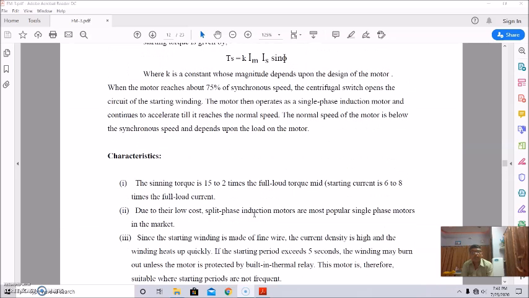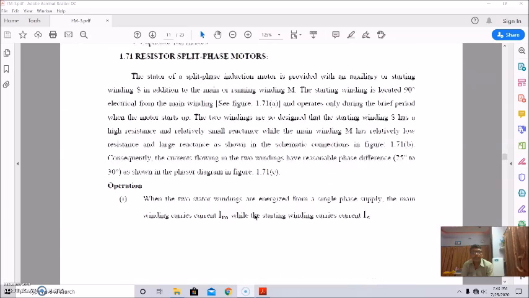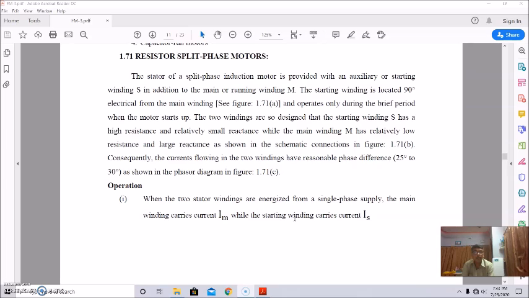These are the phase diagrams. This is the torque speed characteristics. So let's repeat these things. The starting winding is located 90 degrees electrical from the main winding and operates only during the brief period when the motor starts up. The two windings are designed so that the starting winding has high resistance and relatively small reactance, while the main winding has relatively low resistance and large reactance.